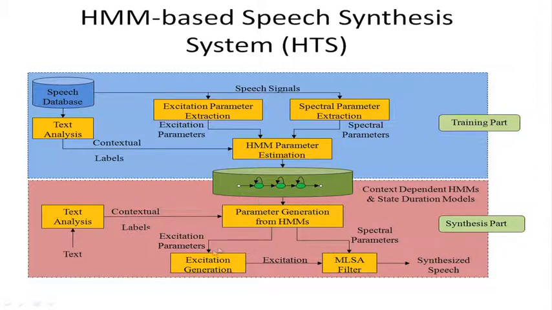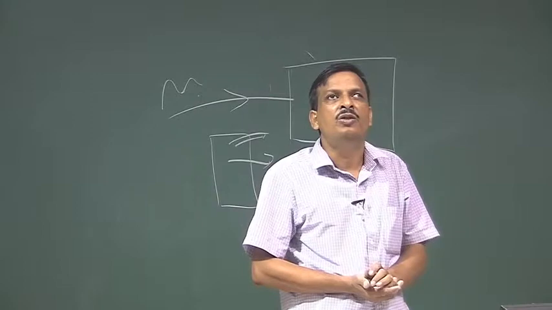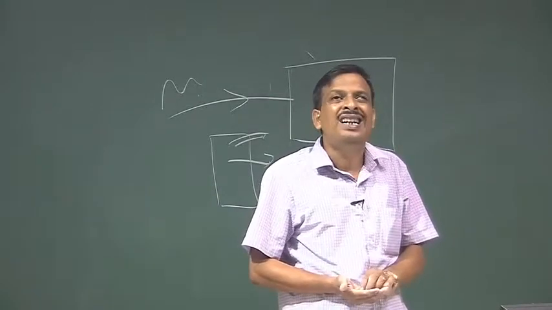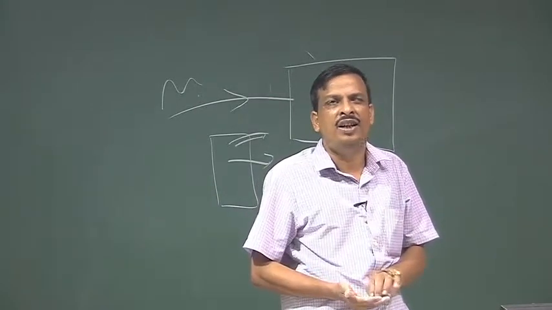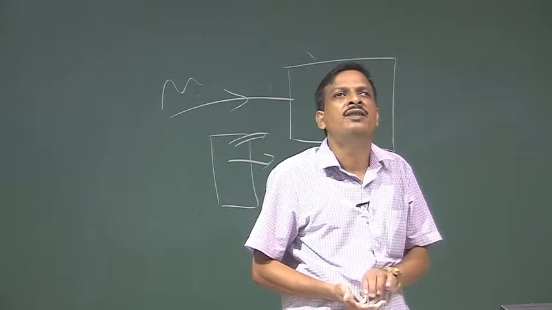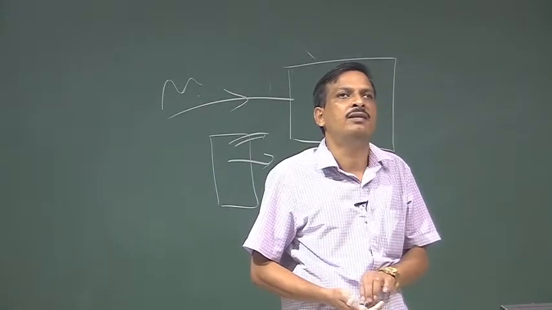Once I get the excitation parameter and spectral parameter, then we can use the synthesis filter or vocoder to generate the speech. That is the HMM based speech synthesis technique, which is named HTS, the Hidden Markov Model toolkit based speech synthesis technique.